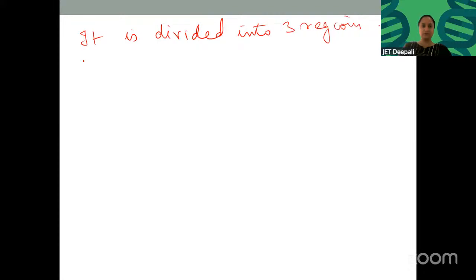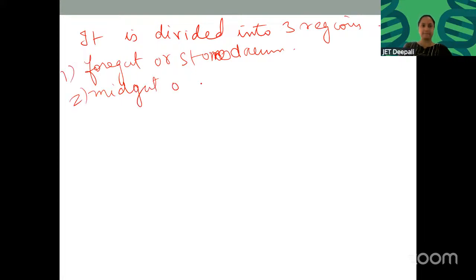First is foregut or stomodeum. Second, midgut or mesenteron. Number three, hindgut. Okay.